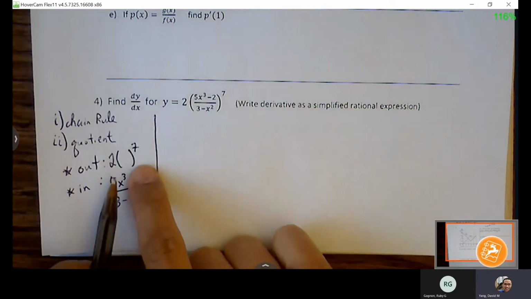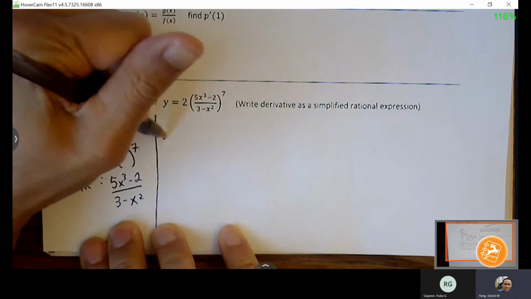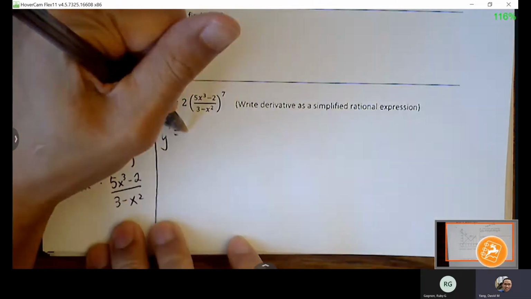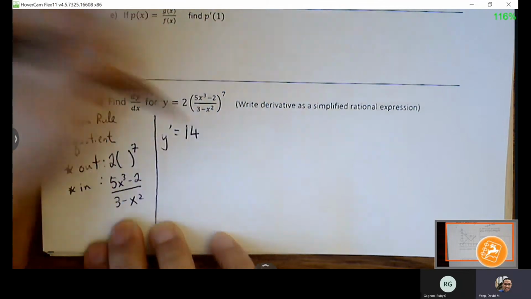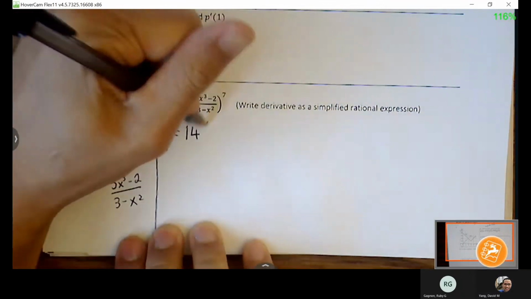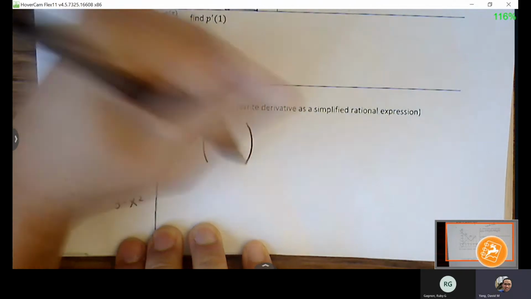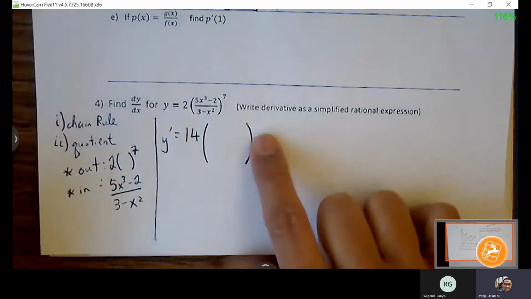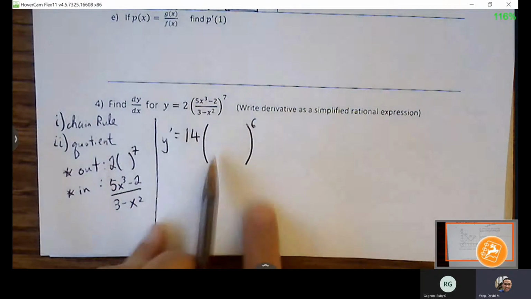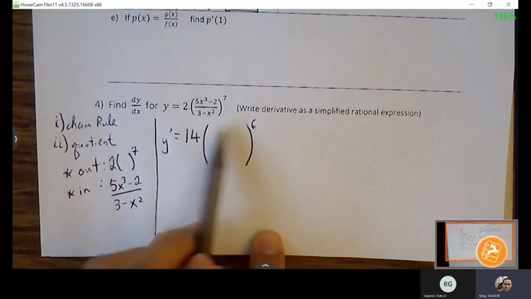Okay, let's take care of the outside first. This is power rule. Bring down the 7. 7 times 2 is 14. The whole set of parentheses raised to what power? 6. And we don't do anything with the inside yet, right?